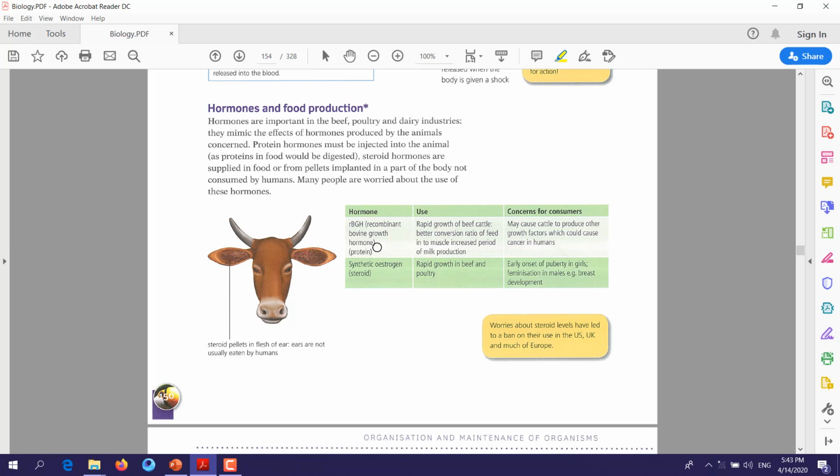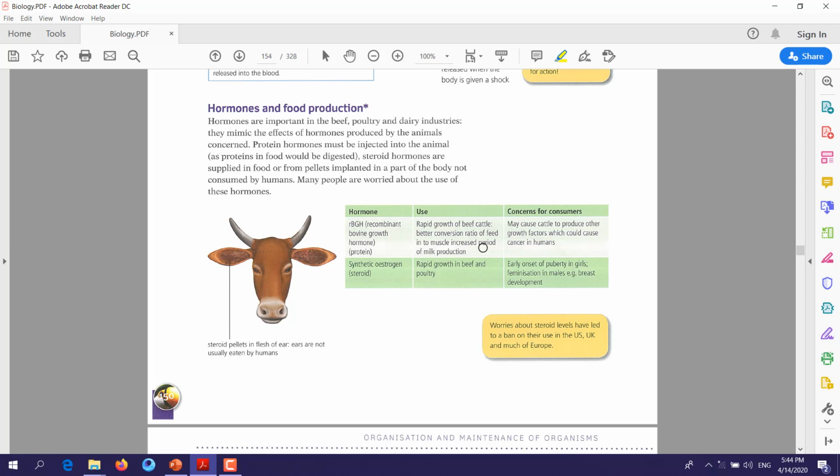So when they give this hormone rBGH to cattle, what will happen? It will make more beef, okay, and also increase the period of milk production. So this is something good for production.